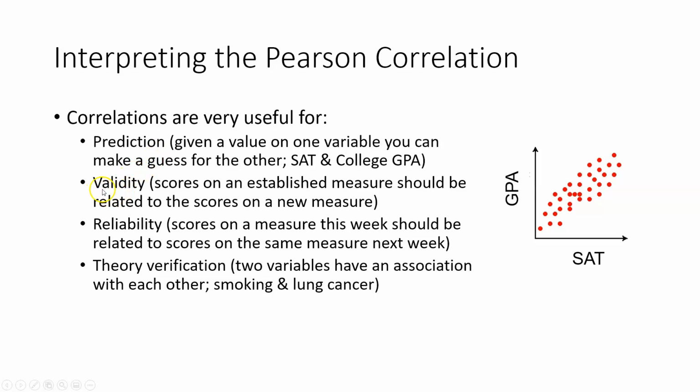Another use of correlations is validating measures, in which case scores on an established measure should be related to the scores on a new measure. Here, I'm using the same example data, but I'm relabeling the axes for an example that is near and dear to my heart.